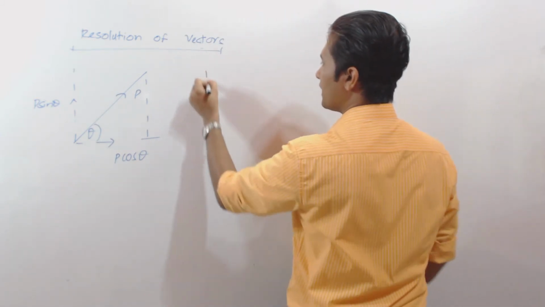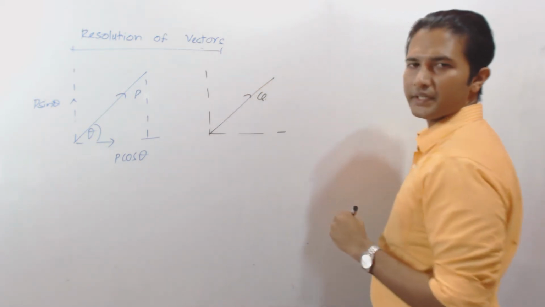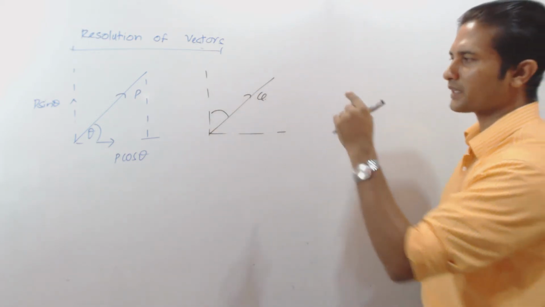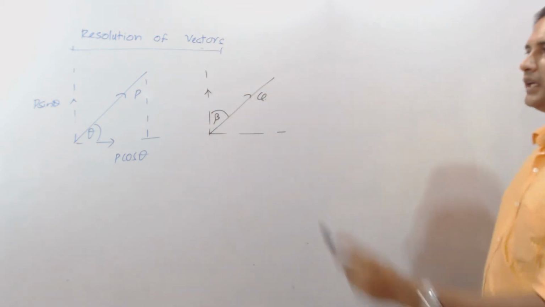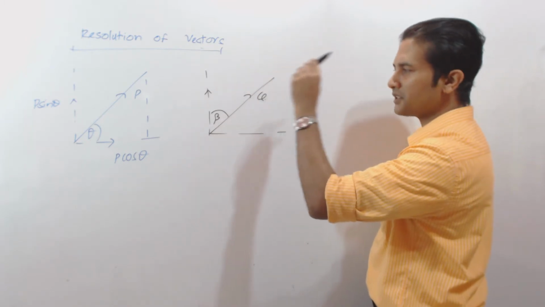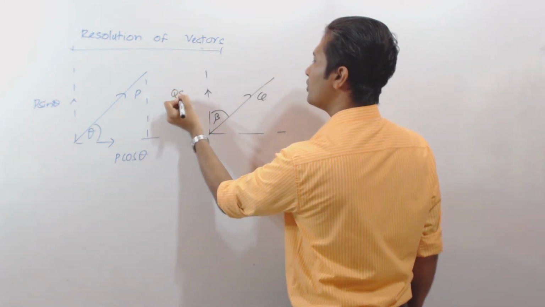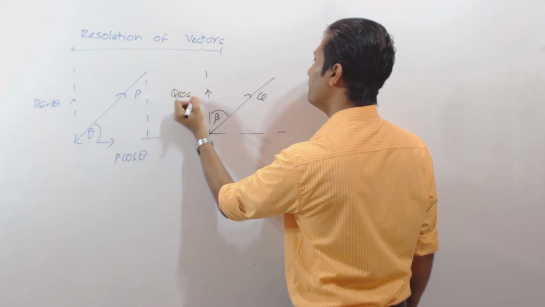When considering another example, if the vector is Q and the angle made by the vector with the y-axis is beta, what would be the component along the y-axis? It should be towards the angle. Therefore, it should be Q cos beta.